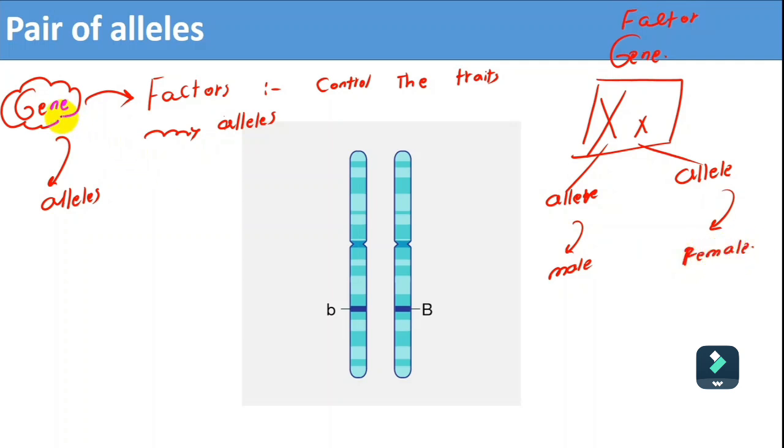So again, the gene, the other name of it is factor. The factor controls the trait, controlling the appearance or disappearance of traits. Each gene can be expressed in the form of alleles. The alleles are the letters we use to express the gene itself. Like here, we have two alleles, one of them B capital and the other B small.